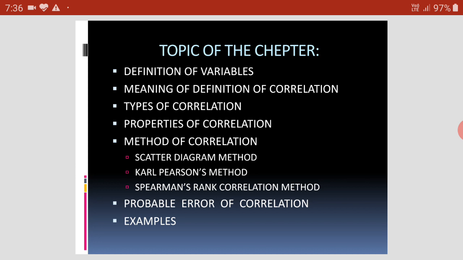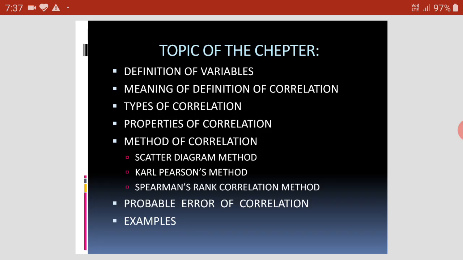There are three types of correlation. Number 1, positive correlation. Number 2, negative correlation. Number 3, independent correlation. Now we clear the positive correlation. When x increases and y also increases, it is called positive correlation. Suppose x decreases, similarly y also decreases, it is called positive correlation.